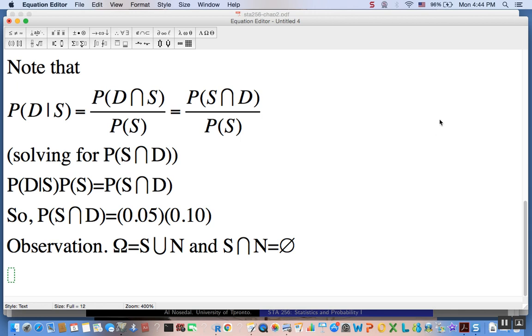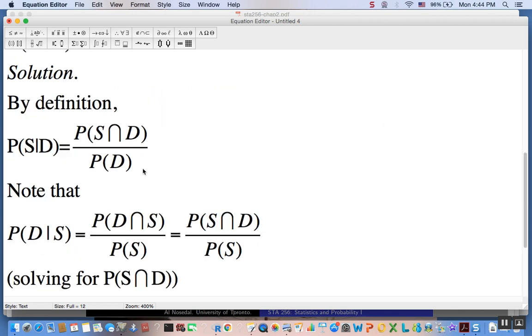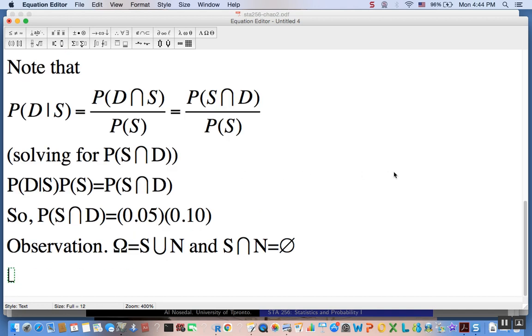So note that the denominator that we are after is the probability of the event D, dying. So we are going to do something here that at first looks kind of tricky, but then you'll see, yeah, it makes sense.